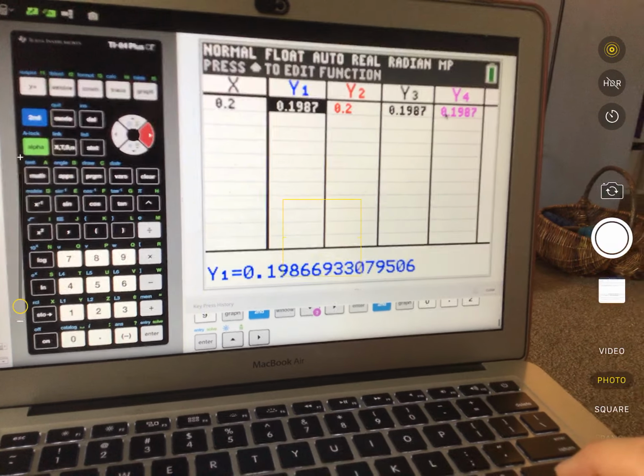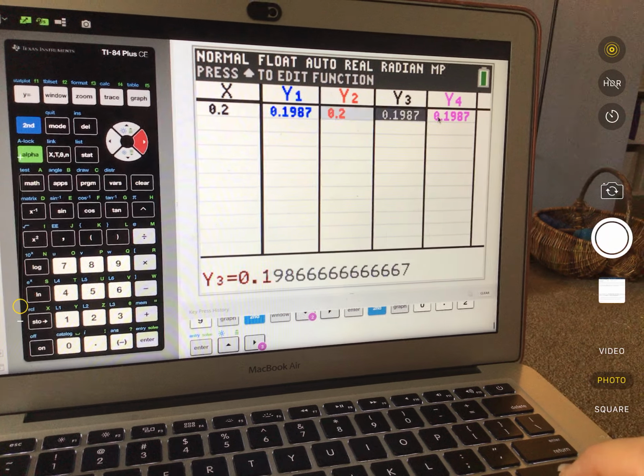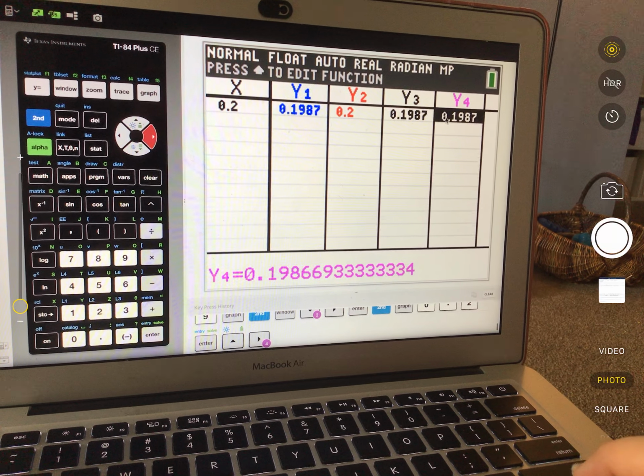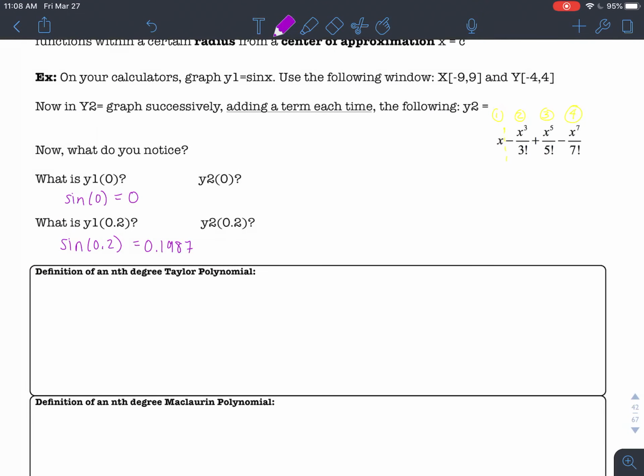So looking at this, each one of these is a successive approximation, and look, we're getting really close to being the same value. Looking over, I can scroll and you can see the decimal approximations. This one's not too great, but this one's getting pretty close, and then they're pretty close all the way across, so we're getting a little bit more accurate each time.